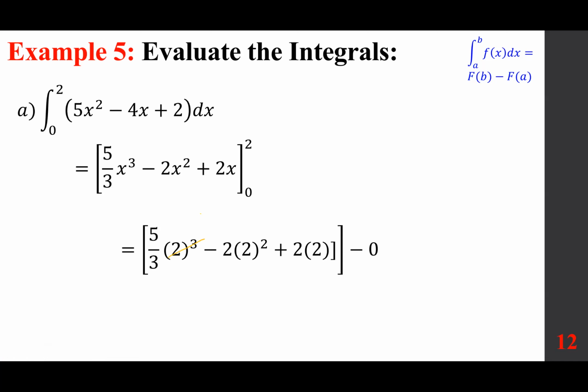So this is 2 cubed, 8, 40 divided by 3. This is obviously 4 minus 8 plus 4. So we have 40 divided by 3 minus a 4.